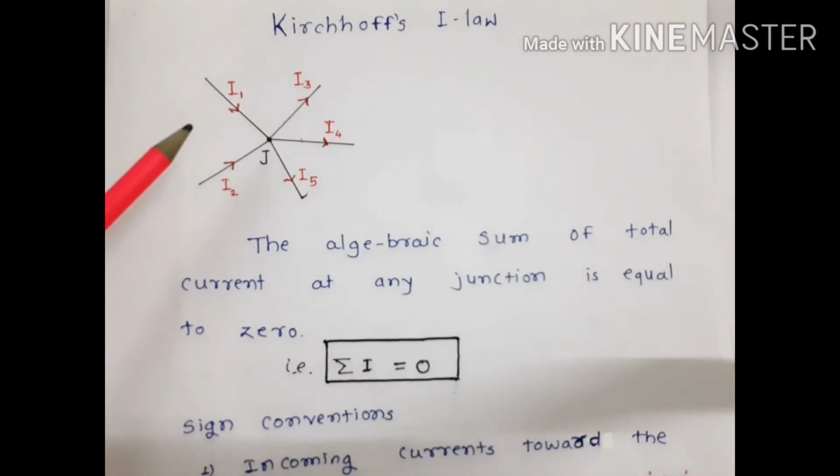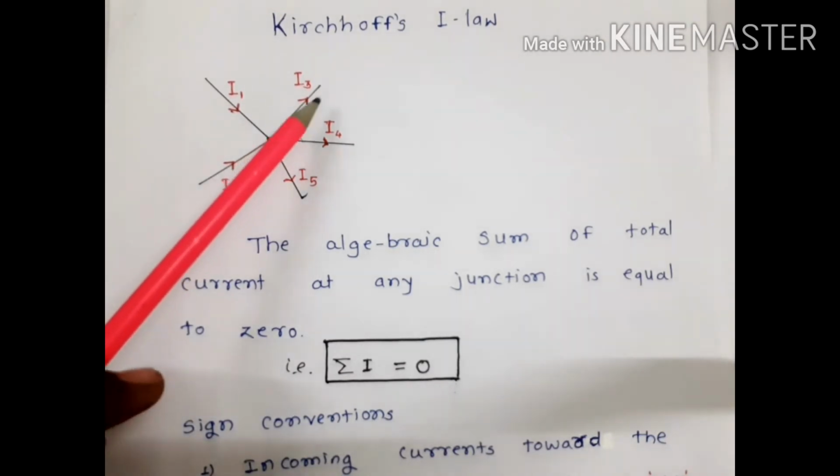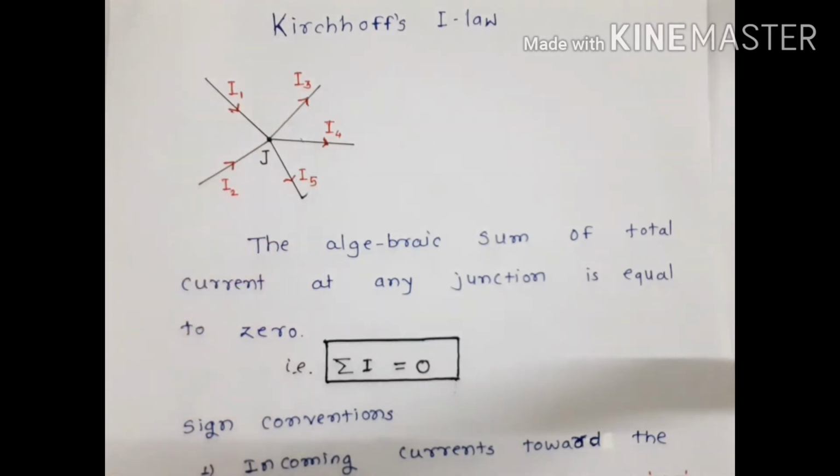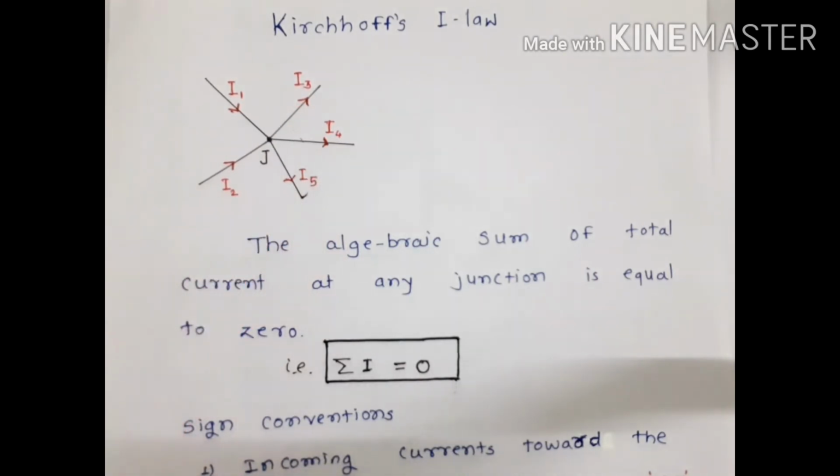Incoming currents towards the junction are considered as positive, and outgoing currents away from the junction are considered as negative.